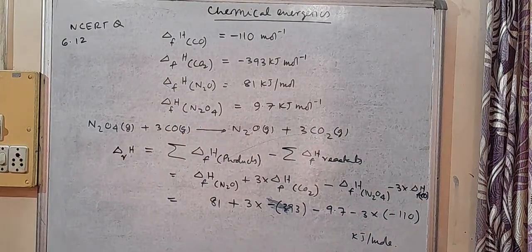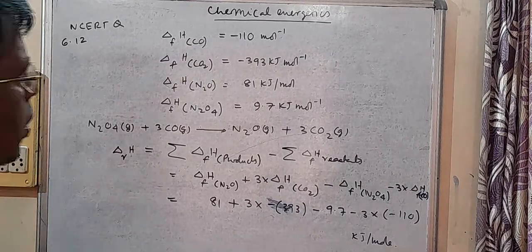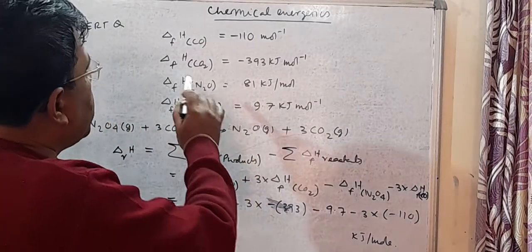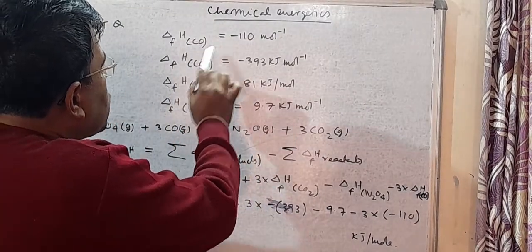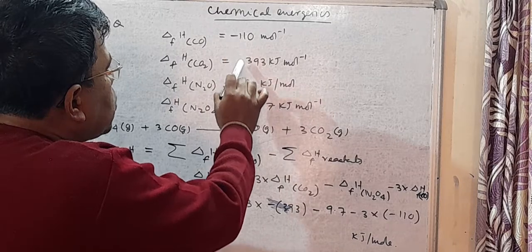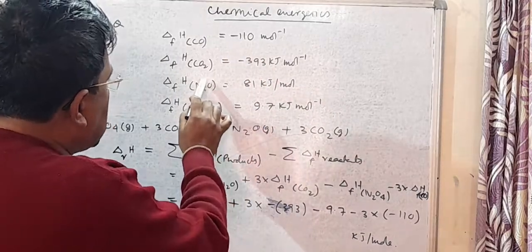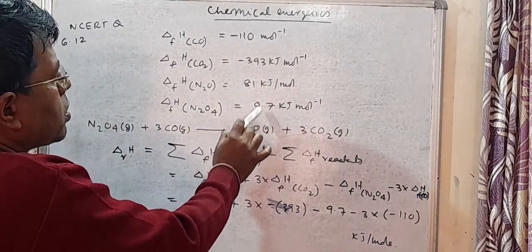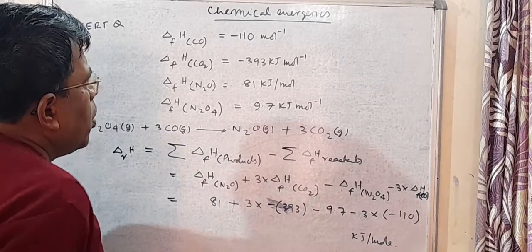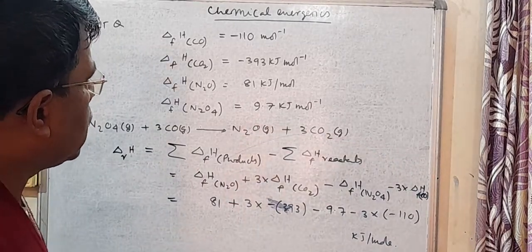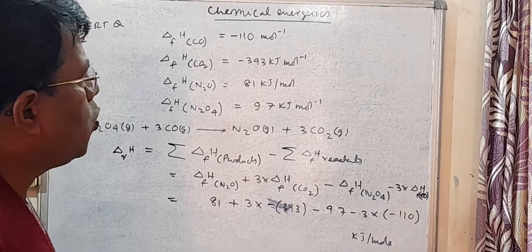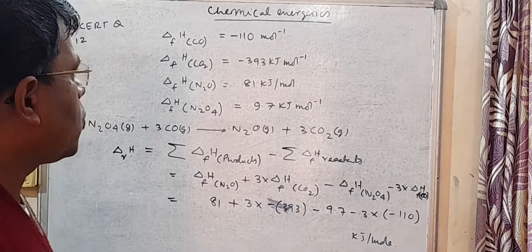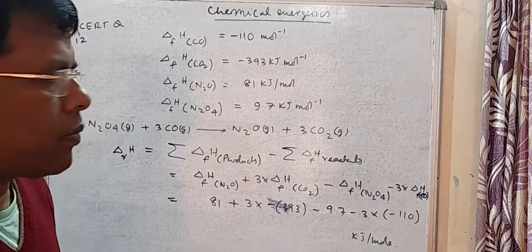Now I can tell you one thing here. You see, the enthalpy of formation of carbon monoxide and carbon dioxide are both negative, and the enthalpy of formation of these two compounds is positive. This enthalpy of formation value can tell us about the stability of the compound.